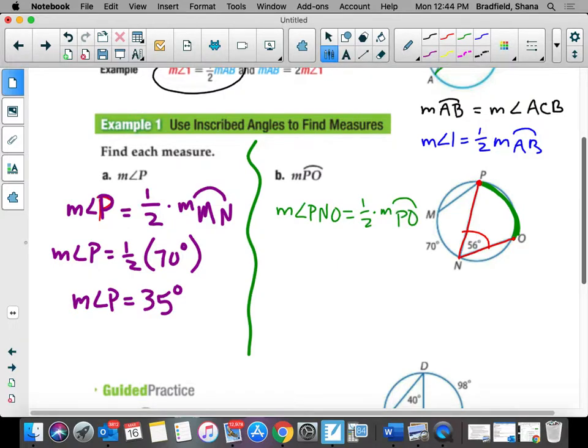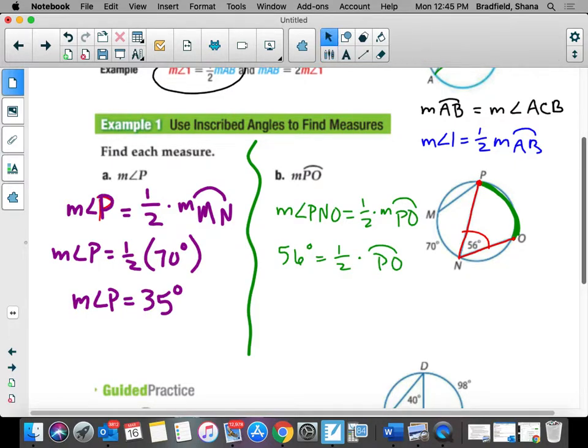So I want to use the rule to set up the equation. The measure of the inscribed angle is equal to 1/2 the measure of the intercepted arc. And then I can plug some parts in. So our angle is 56 degrees, and that's 1/2 times PO.